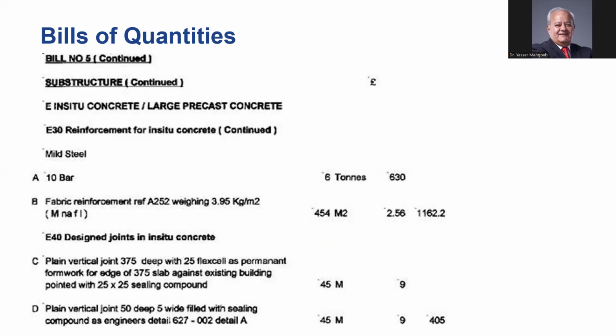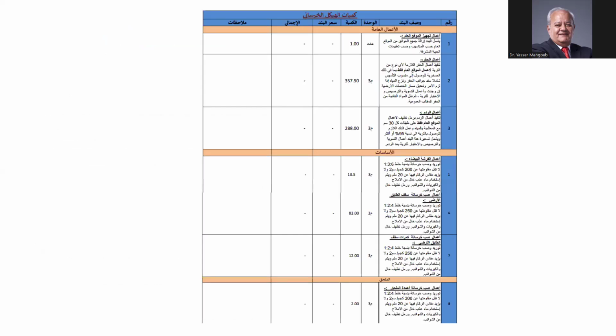So the architect will provide this, a sample of bills of quantities. You see, you give a very brief description of the specs of what you want. And then you give the unit, is it by a number of units or meter square or meter run or meter cube? You have to give the unit and then the quantity.